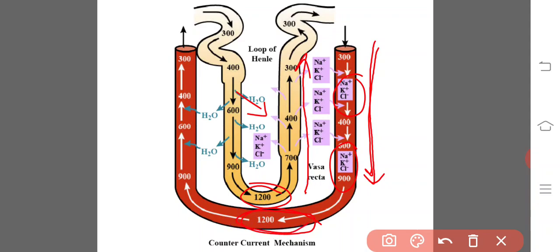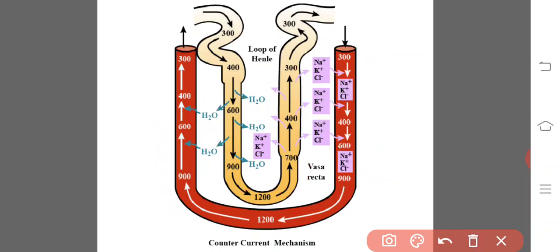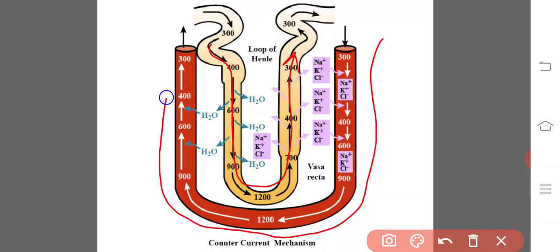As it goes up to the cortical region, water is added and it becomes 300. That is the flow of the primary urine in the Henle's loop and the blood flow in the vasa recta, both opposite to each other.